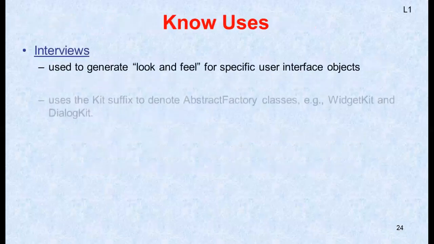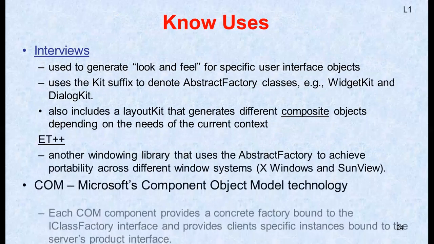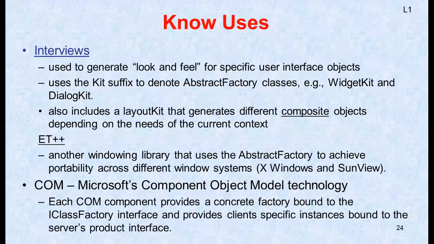Now let us see the known uses. InterViews uses the Kit suffix to denote abstract factory classes. So it defines WidgetKit and DialogKit abstract factories for generating look-and-feel specific user interface objects.